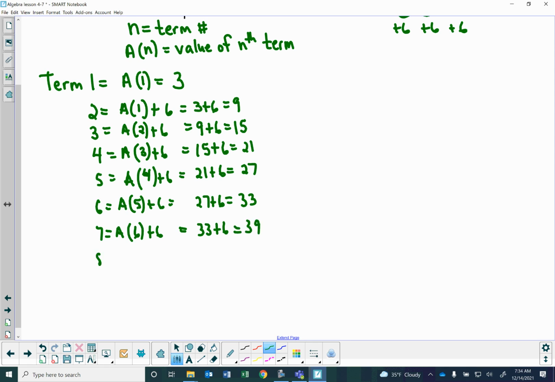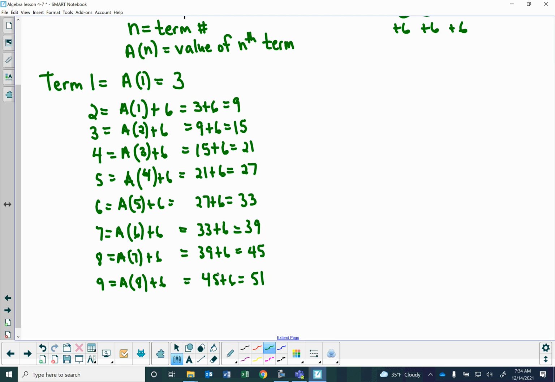The eighth term is the value of the seventh term plus 6, which means 39 plus 6, which is 45. And finally, the ninth term is going to be the value of the eighth term plus 6, which is going to be 45 plus 6, which is 51.